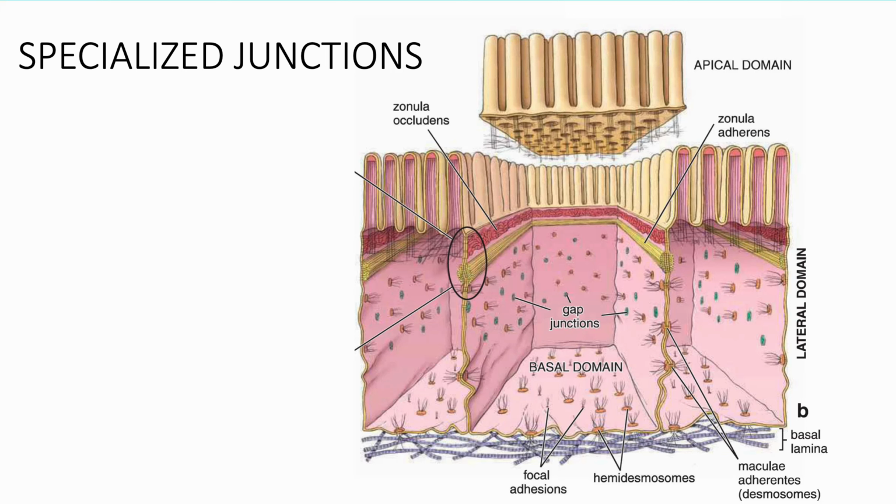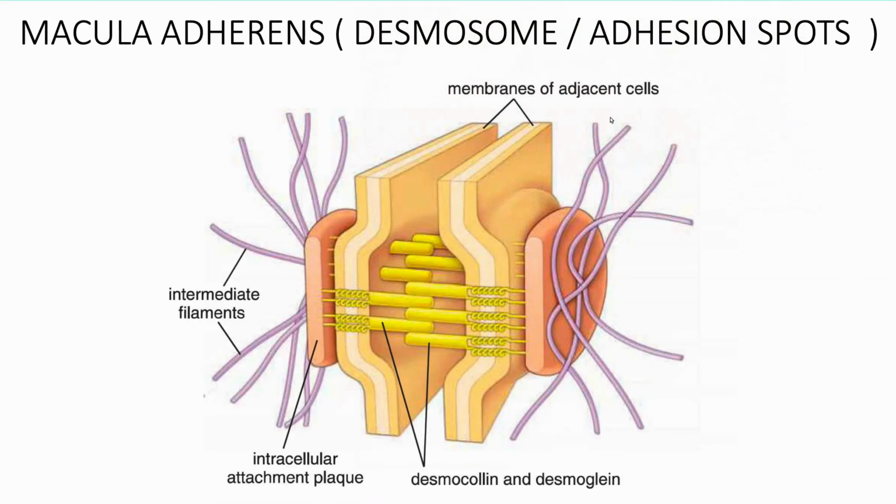First, we will look at the anchoring junction. The first one is the macula adherens or desmosomes, otherwise known as adhesion spots. This is a simplified schematic structure of the desmosomes. We have seen the location of these desmosomes in the lateral domain of a cell in the previous diagram.